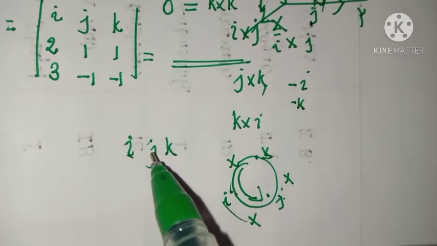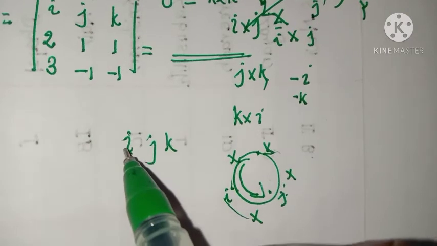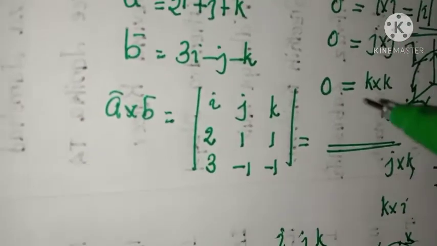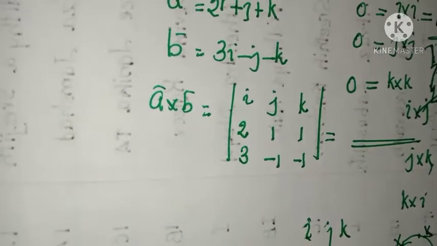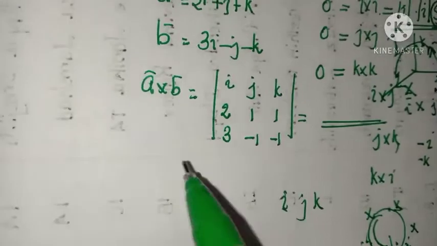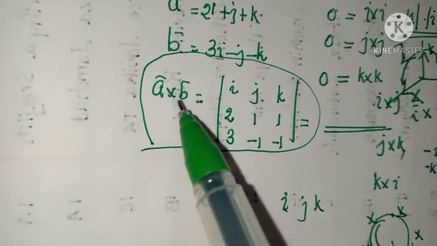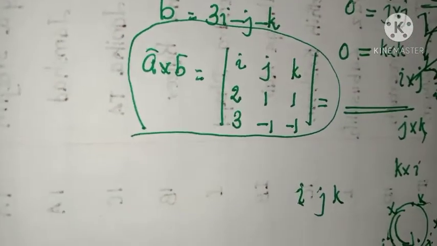Reverse: j cross i is minus k, k cross j is minus i, and so on. Now, while doing the problems, I will explain the remaining results. So, this is the basic concept to obtain the cross product of two vectors, A cross B, in the form of a determinant.